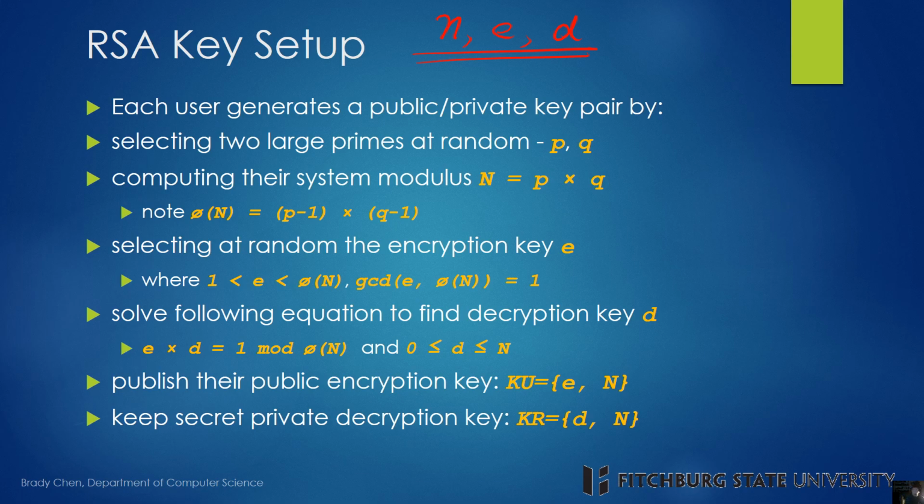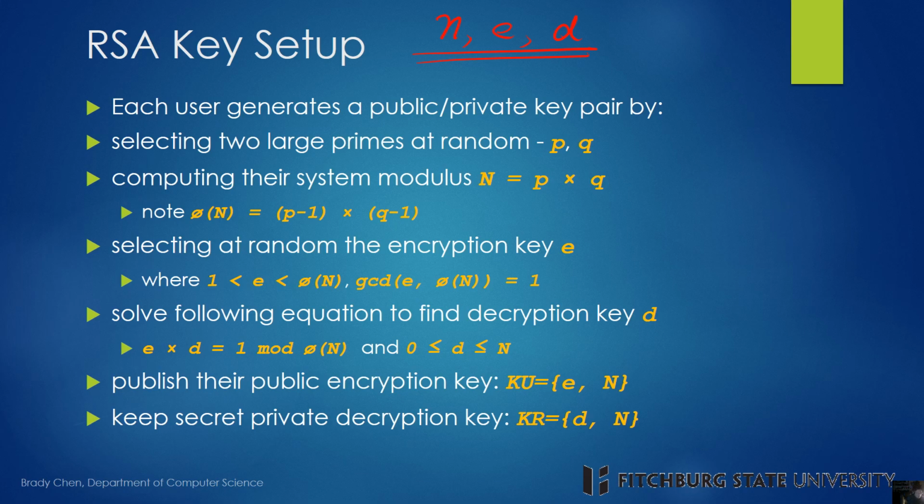So finding the number N and also the public key and the private key are the most important part of RSA. That's the key to its success. Now let's talk about how to generate this public key and private key pair.